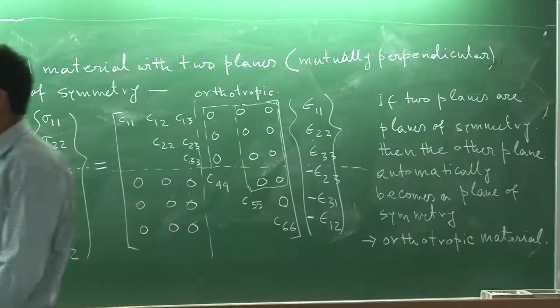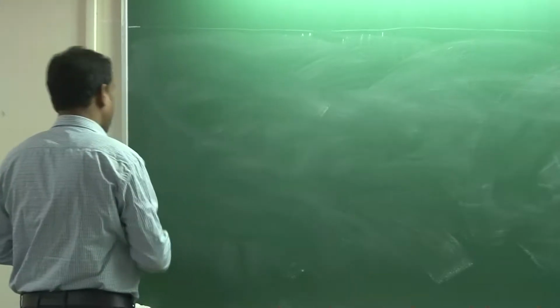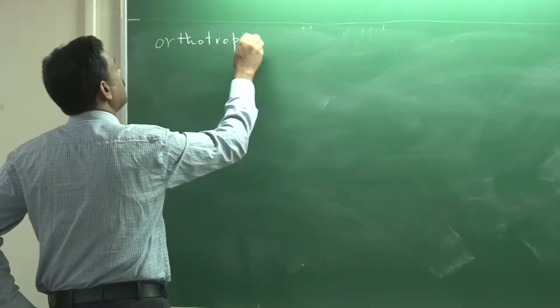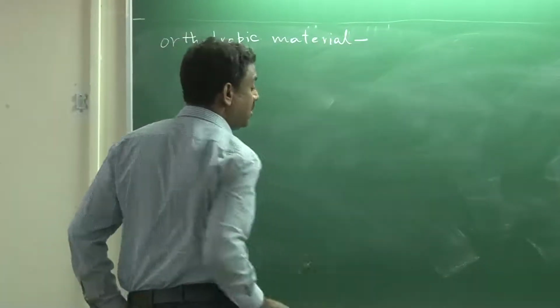So, you see how gradually, one after another, we are reducing the constants. Now we have exploited all the planes of symmetry, and as a result the cross terms between shear and normal strain, shear stress and normal strain, become 0. Those are eliminated. So, now I am having an orthotropic material. How many constants? 9.